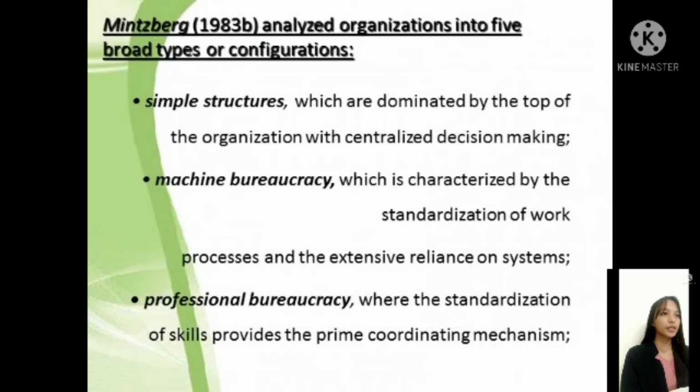Mintzberg in 1983 analyzed organizations into five broad types of configurations. The first one is the simple structure, which is dominated by the top of the organization with centralized decision making. Many businesses aim to emulate the entrepreneurial organization's speed, flexibility, and leanness.